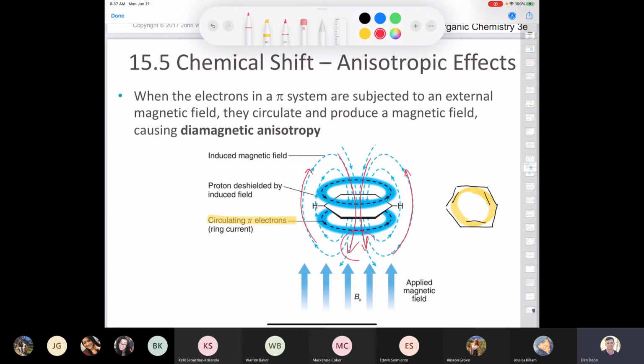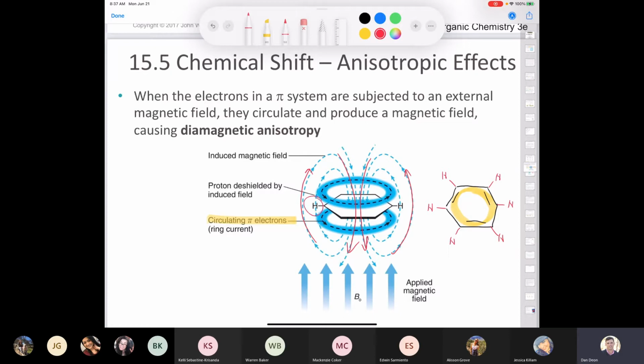Because it's got the little induced magnetic field that's acting against the applied magnetic field, whereas the protons on the outside of the ring, which are the only protons, there's just 6 protons and they're all outside the ring, are all going to be extra deshielded. They're going to be strongly deshielded. Why? Because again of that little electric current caused by the circulating pi electrons, which causes that induced magnetic field.